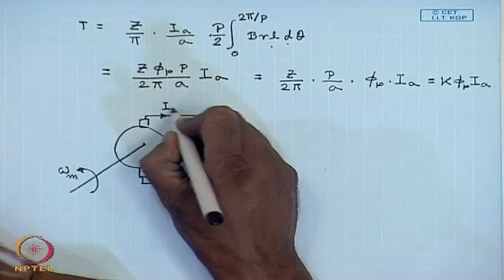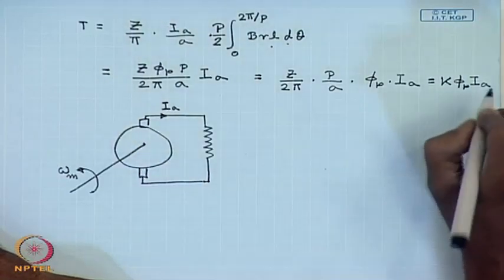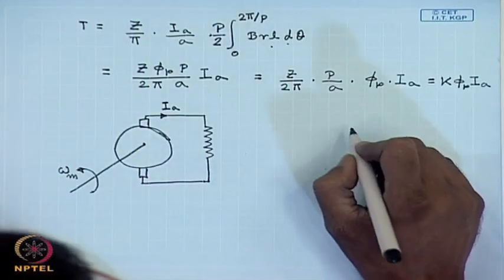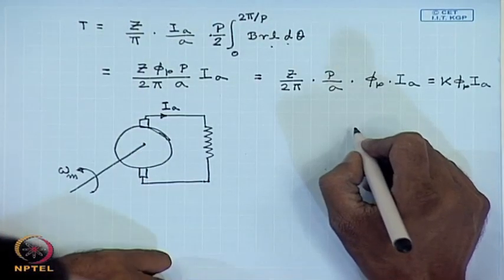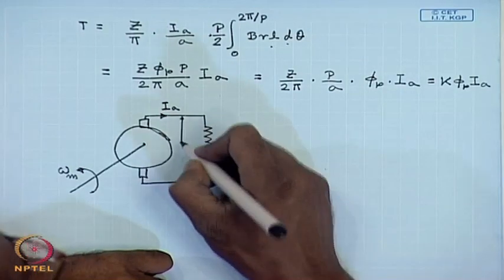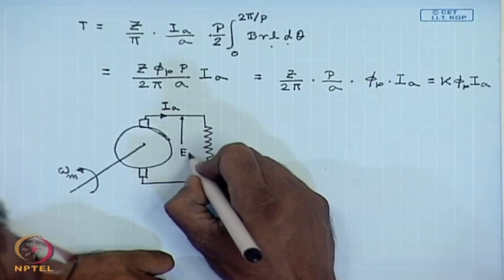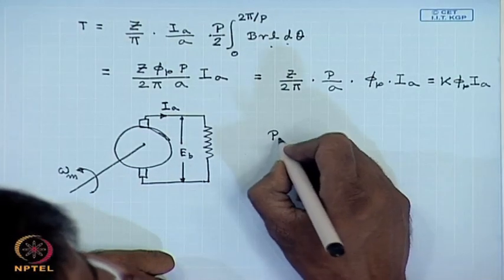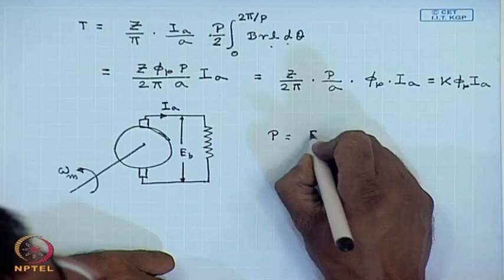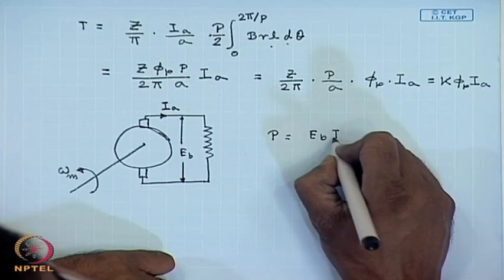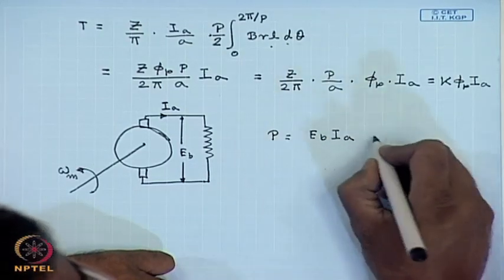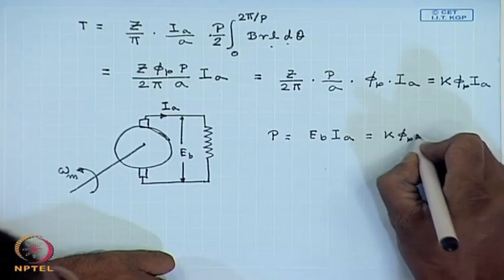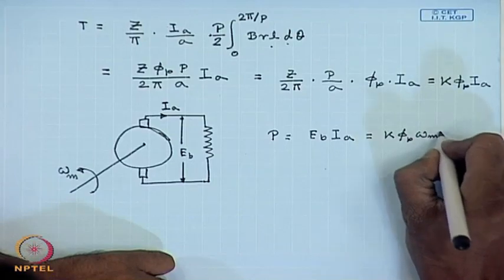Let the current here be I A. If we assume no loss in the machine, that is, if we assume armature resistance of the machine to be 0, then the power produced by the generator equals E B into I A, but E B equals K phi P omega m.